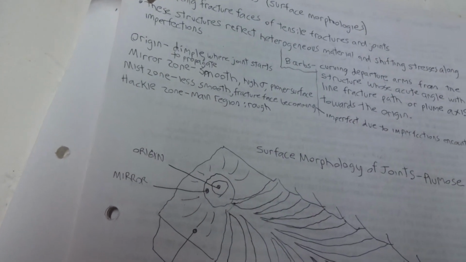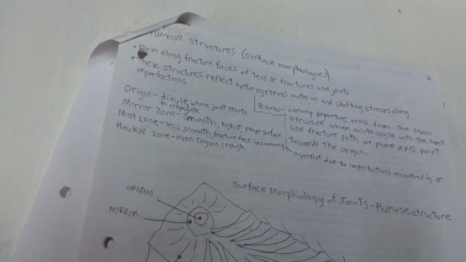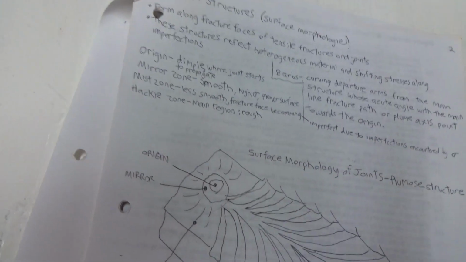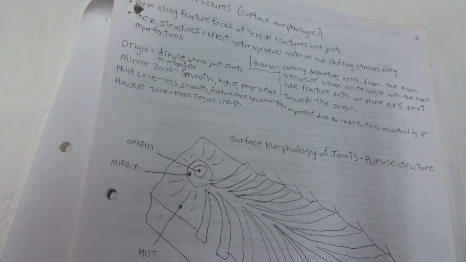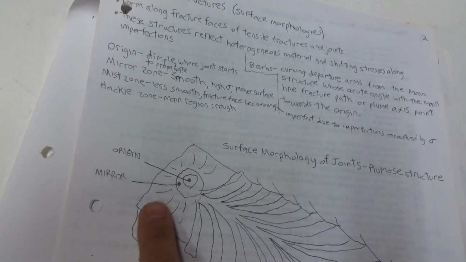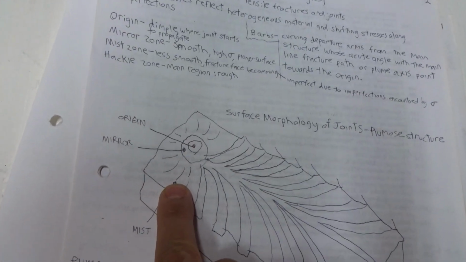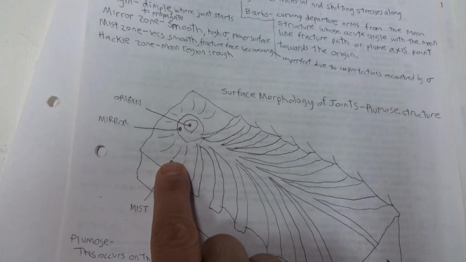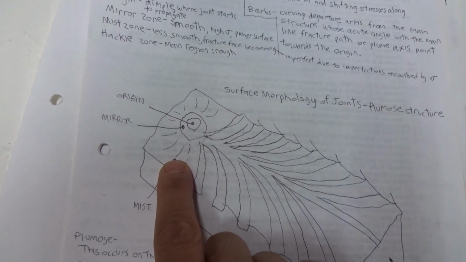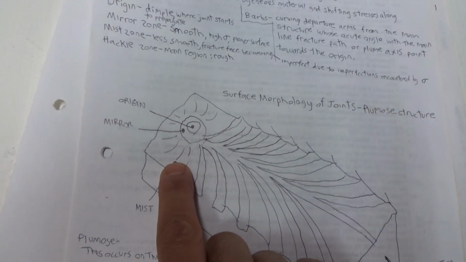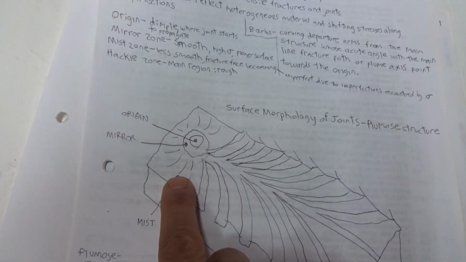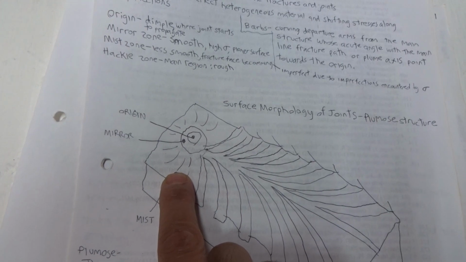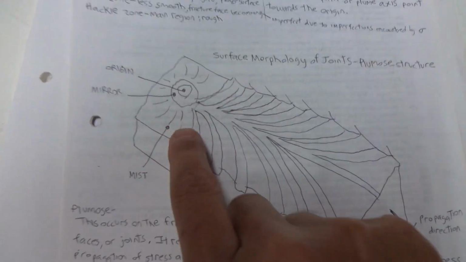Surface morphology, continuing. And we are almost done. Now, when you enter the mist zone, you have less smooth fractures becoming imperfect due to imperfections encountered by the stress. In the Hackle Zone, which is the main region, it is rough.